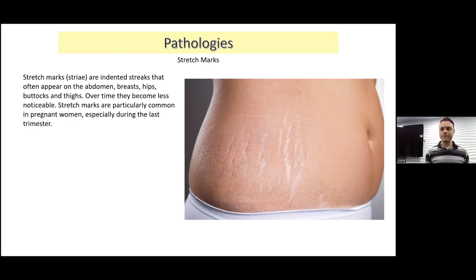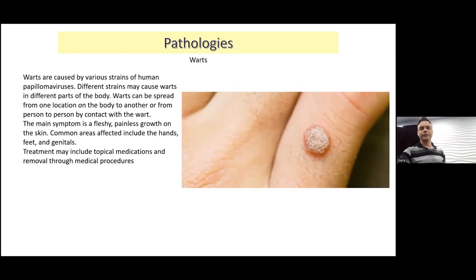Obviously, if the client is still currently pregnant, then that brings in another slew of considerations and contraindications. But other than that, warts should be our last integumentary system pathology, skin pathology, and we'll call it here for the night.